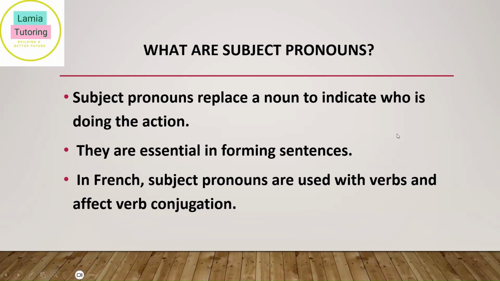They are essential in forming sentences because when you are writing a text, you don't want any repetition. So basically, when you want everything to flow, you must use the subject pronouns. They are used with verbs and they affect verb conjugation.